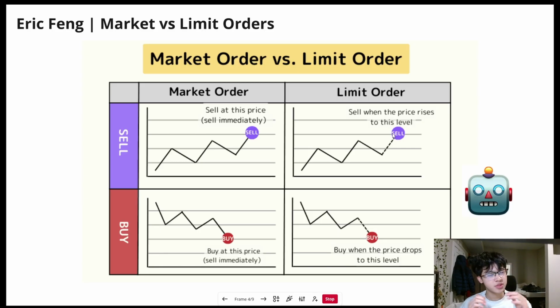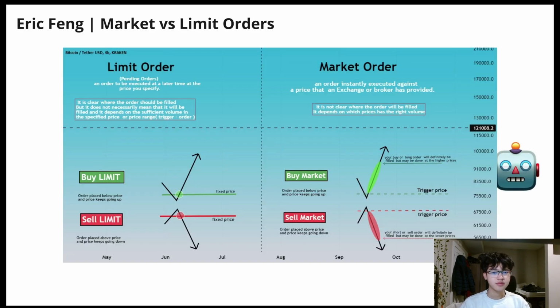I want to sell as long as we're above 50. So if price comes up and hits $50, our robot's going to say, okay, get us out. We're going to either be shorting this at $50, or if we're in a long or buy position, then we're just going to get out and sell at $50. And yeah, this is why limit orders are great, because you can lock in the price that you want.